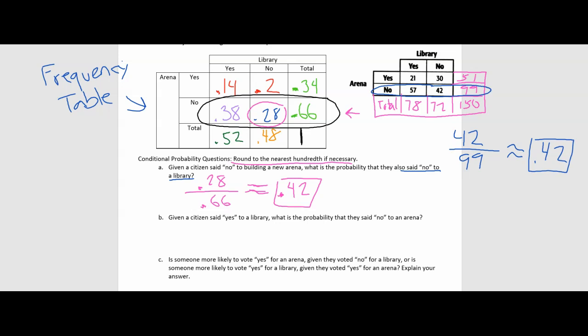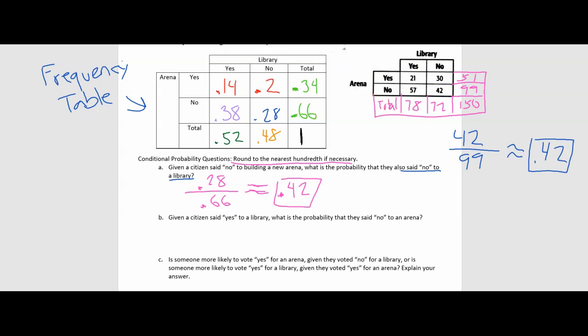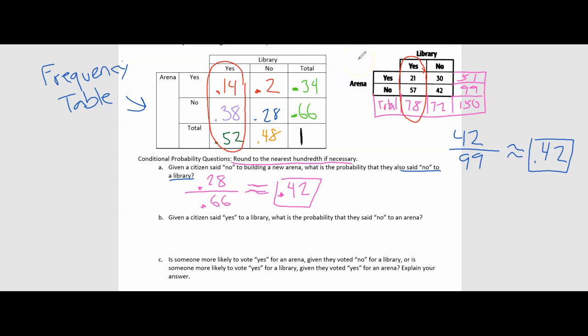Let's look at B. It says, given a citizen said yes to the library. Well, right away, I'm going to figure out what column or row I'm looking at. Yes to the library is this column right here for our two-way table. So given they said yes to the library, what is the probability that they said no to an arena? Well, let's look at the frequency table first. Probability they said no to an arena, 0.38.